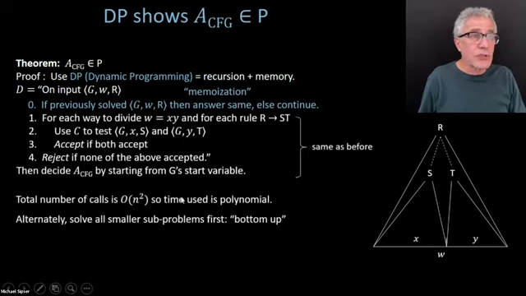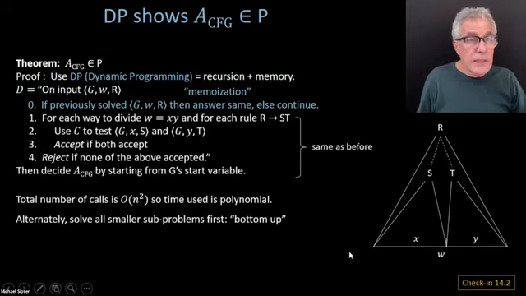So the total number of calls to this algorithm is at most n squared because you're never going to be redoing work that you've done already. The total amount of time you're going to need is polynomial altogether.